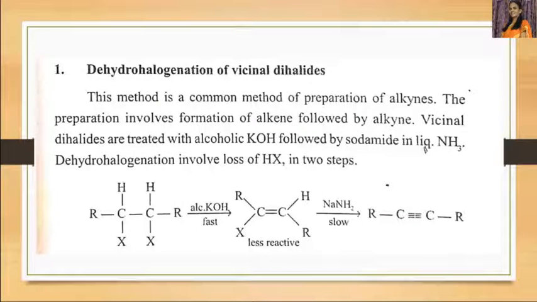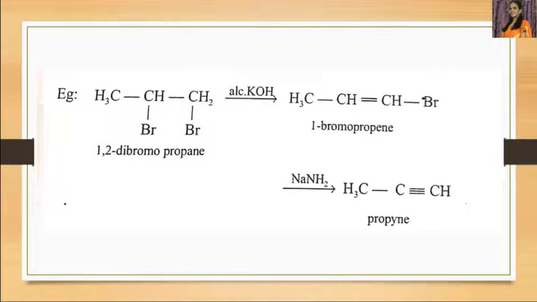That is dehydrohalogenation of vicinal dihalides. So when vicinal dihalides are subjected to dehydrohalogenation with alcoholic KOH followed by sodium amide in liquid ammonia, we finally get alkynes. The specific example we discussed here is 1,2-dibromopropane.